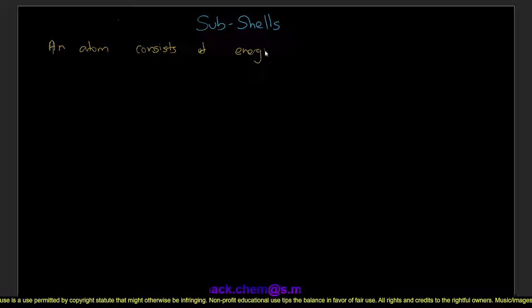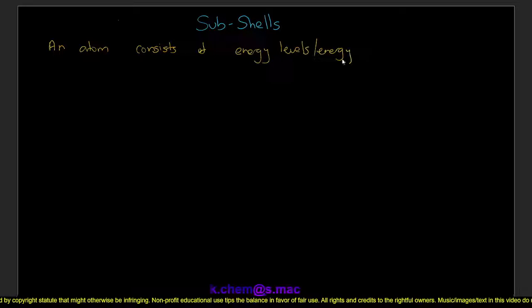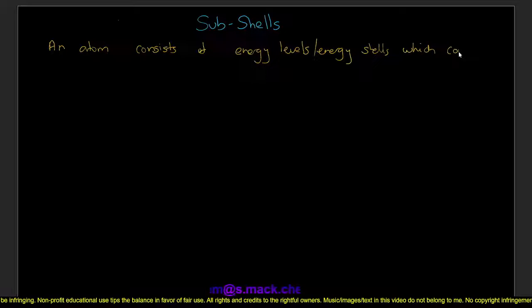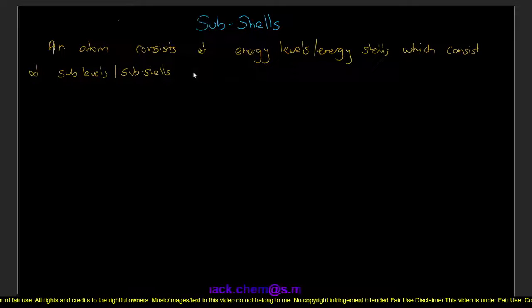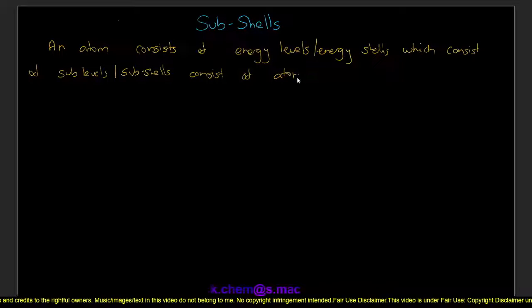energy levels, also called energy shells, where these energy levels or shells consist of sub-levels or subshells, and that within these sublevels or subshells we will find atomic orbitals.